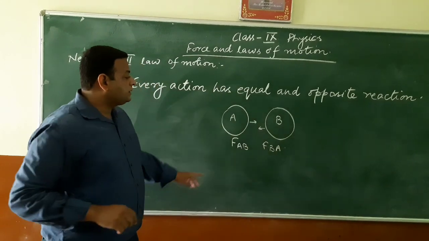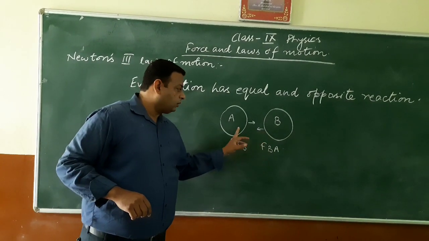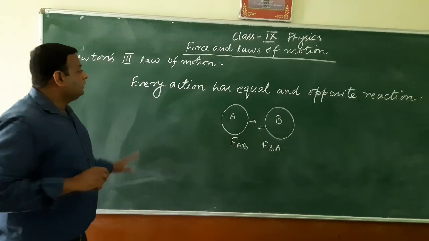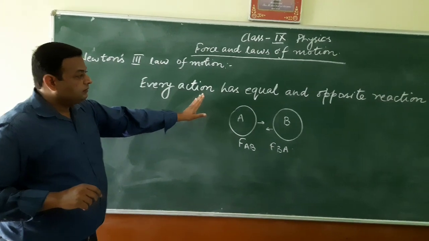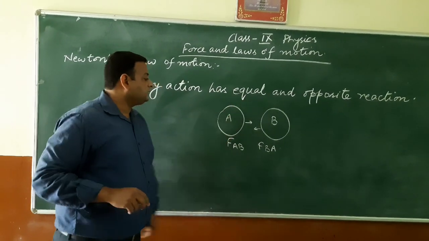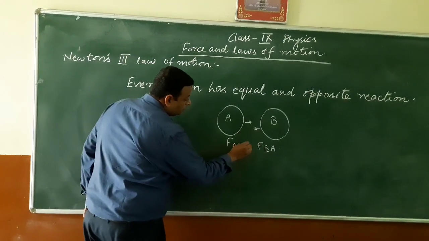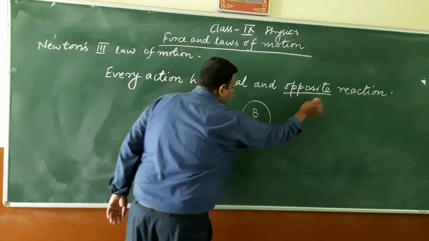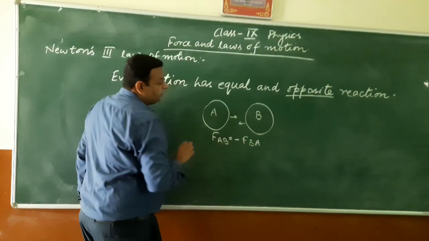FBA means the force applied by the ball B on ball A. So, according to this law, as every action has equal, means equal in the magnitude, equal and opposite reaction, therefore both the forces should be equal, and due to the word opposite, we have to apply negative sign.